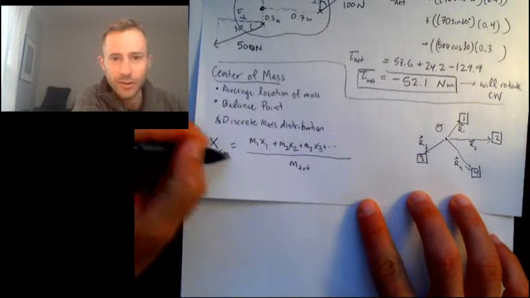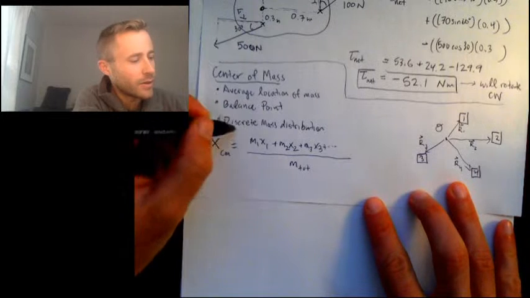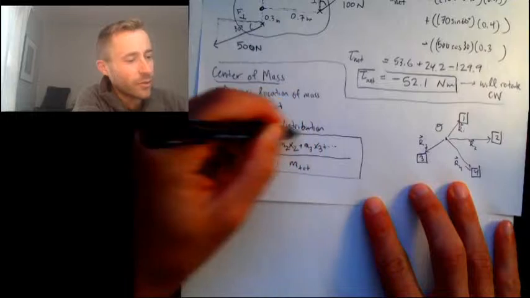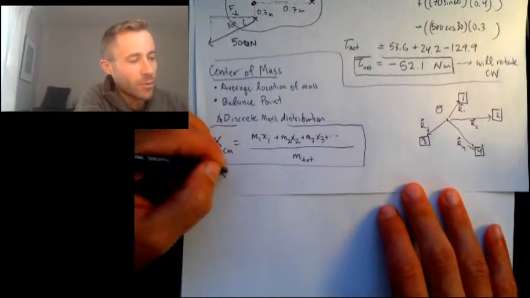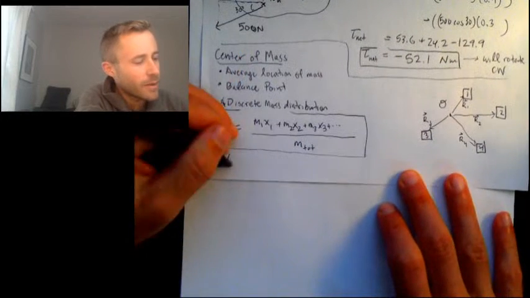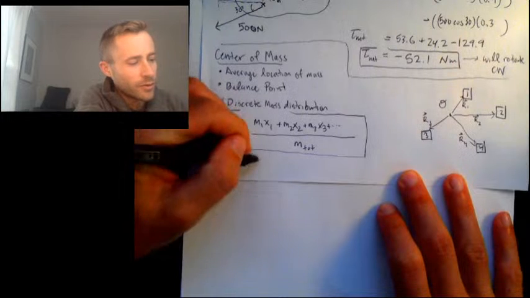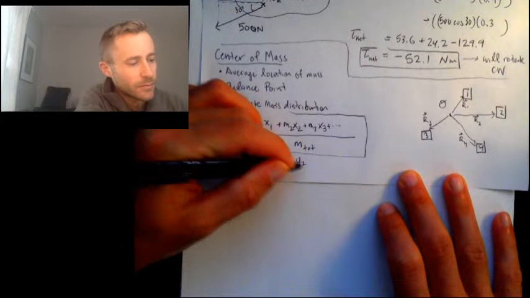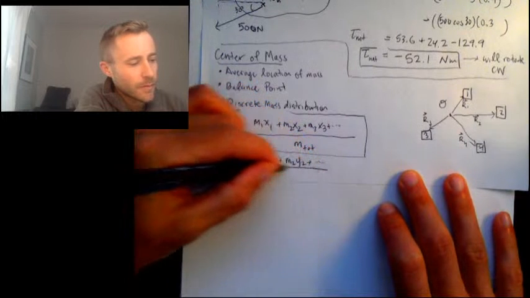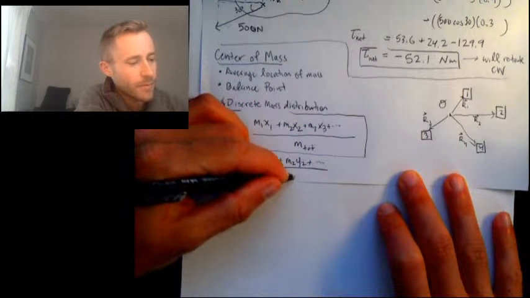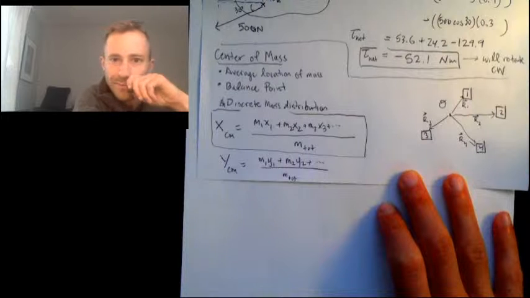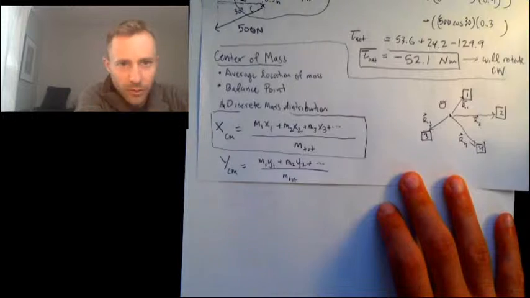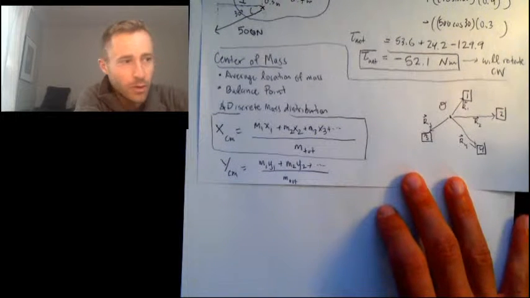So this is the definition of the center of mass for a discrete mass distribution. That's the x-coordinate. If you wanted to know the y-coordinate of the center of mass, you would replace the x's with y's. And then similarly with the z component, the z coordinate of the center of mass.